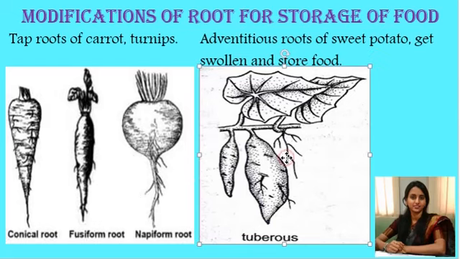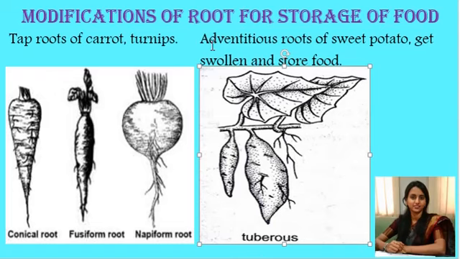Whereas in case of sweet potato, these are adventitious roots. Due to accumulation of food material, they are swollen, and these roots are known as root tubers or tuberous roots.